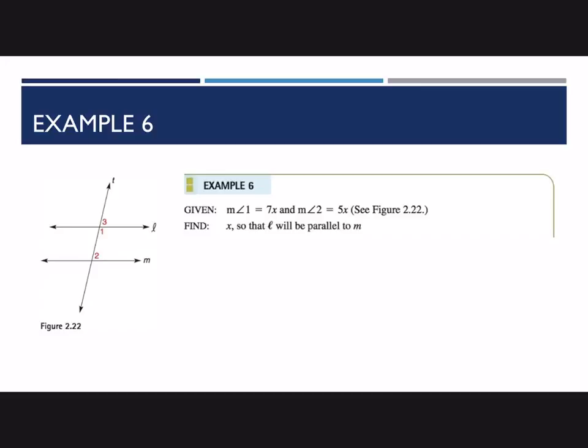So we're given that the measure of angle 1 in this diagram is 7x, and that angle 2 is 5x, and then we want to find the value of x so that L and M would have to be parallel. All right, so we have a relationship between angles 1 and 2, and compared to L and M, those would be consecutive interior angles.